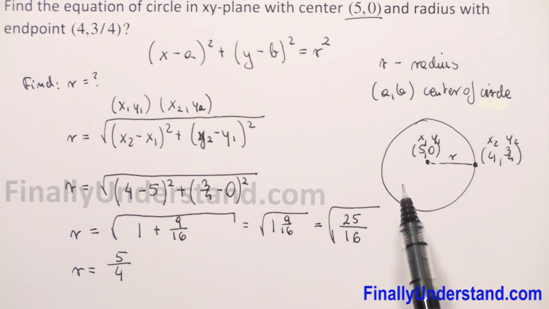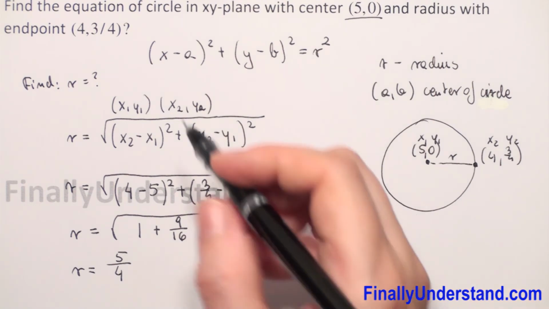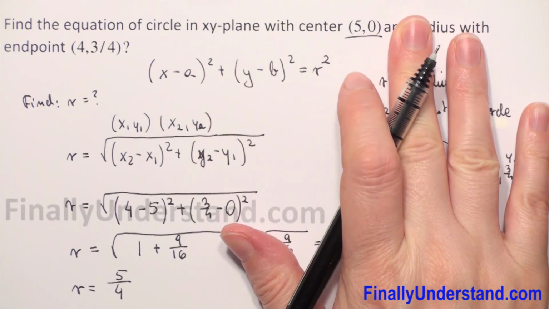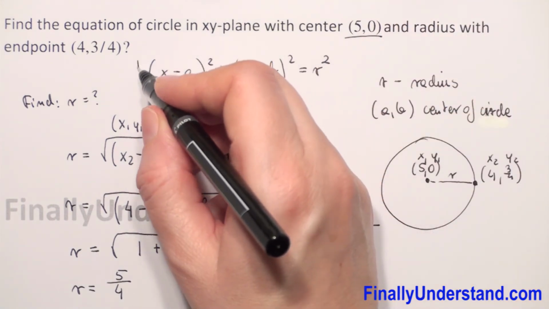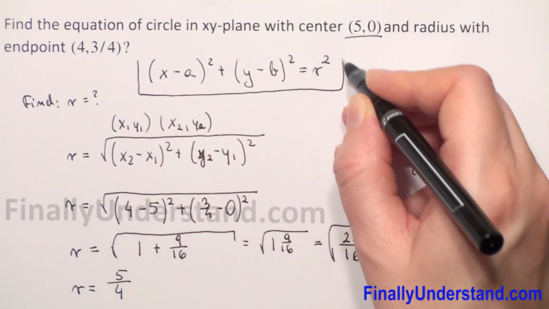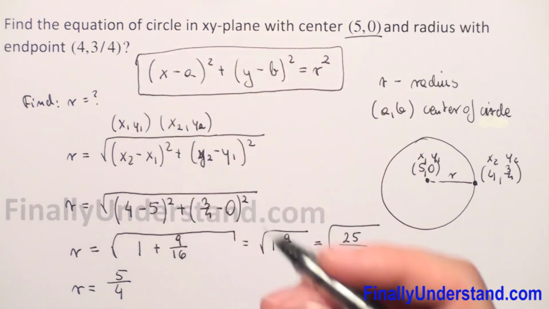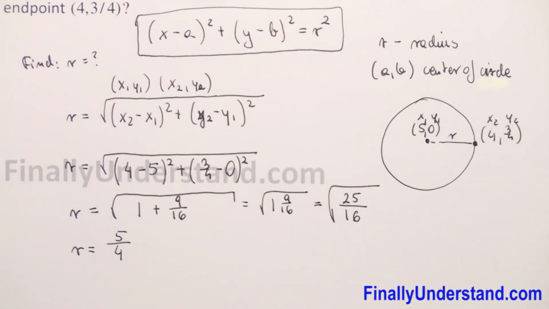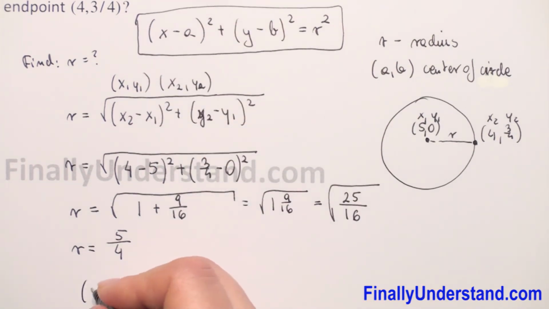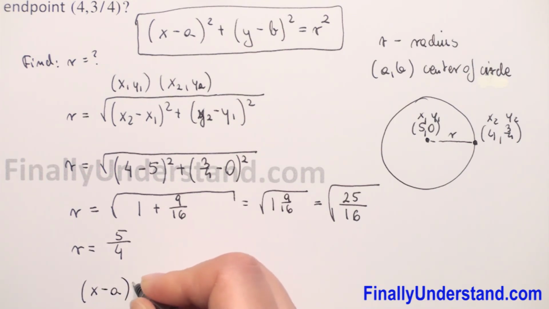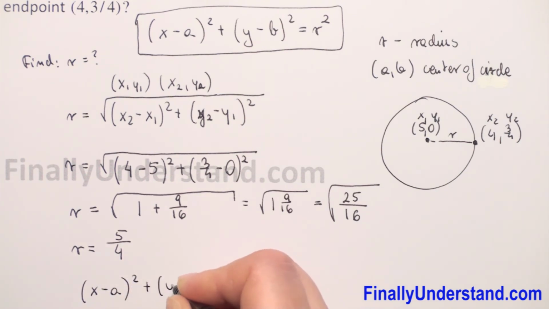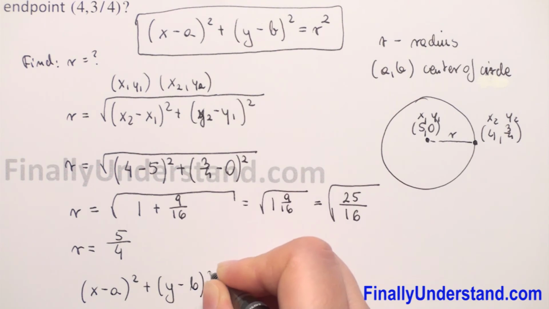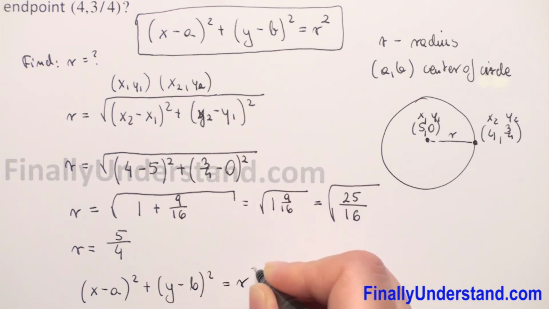So now we will come back to our formula, the equation of a circle. Let me copy this one more time. We have (x minus a) to the second power plus (y minus b) to the second power equals r squared.